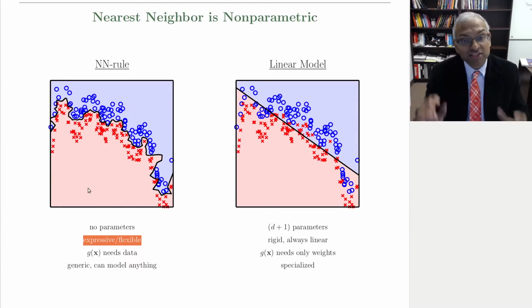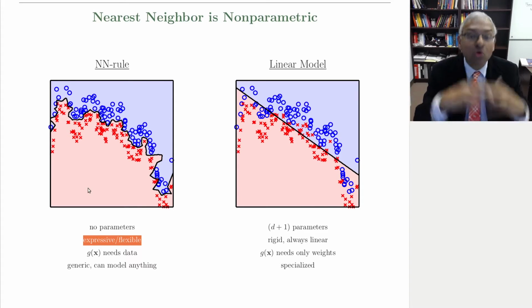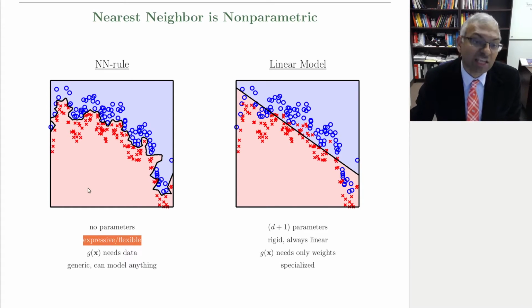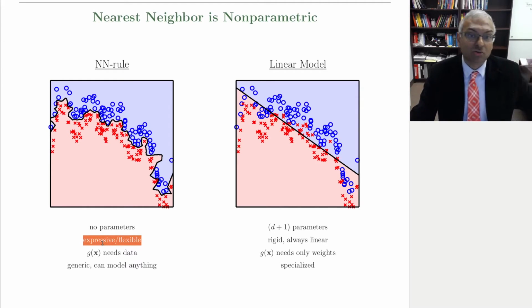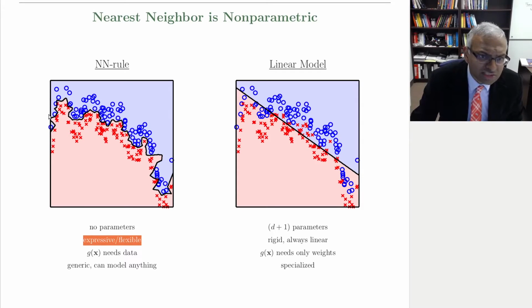In other words, it's flexible. It can model the data. There are no limitations to the nearest neighbor model. It can model anything. And that's part of why it can get the optimal performance when you have enough data. So it's expressive, it's flexible, it's not limited to outputting linear. In fact, in this case, it's outputting something very complex.